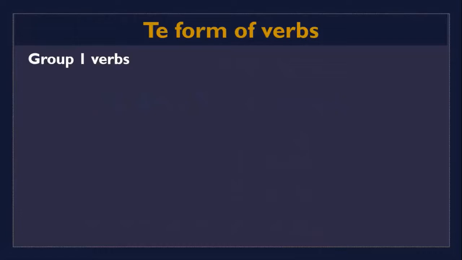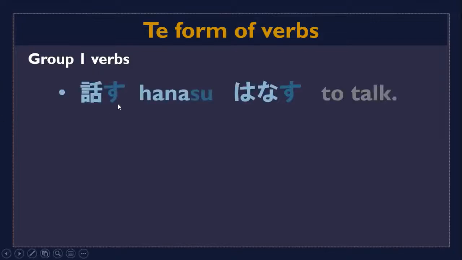So first of all, we learn how to conjugate, how to change the verbs for verb forms. So in case of group 1 verbs, there are many kind of group 1 verbs that end with different, like mu, nu. But for those that end with the su, this is how we make it into te form.